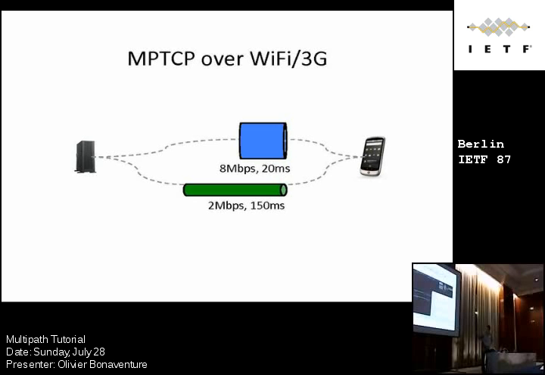We have a laptop, and the laptop has 3 interfaces. The first one was Ethernet, the second was Wi-Fi, and the third was 3G. And what we did, so that you can see something, we connected to a server by using SSH, so unmodified SSH, and we ran NIC screensavers on the server so that you can see some kind of video.